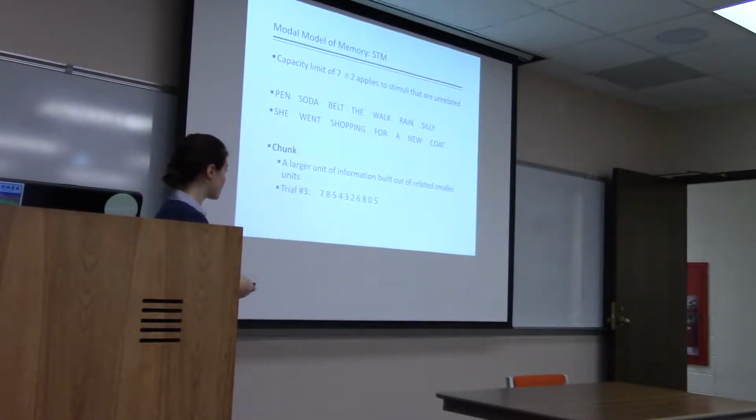And so in trial 3, if we were to take these numbers and chunk them, they become a phone number. Much easier to remember than trying to remember 10 different digits. Does this concept make sense to everyone?